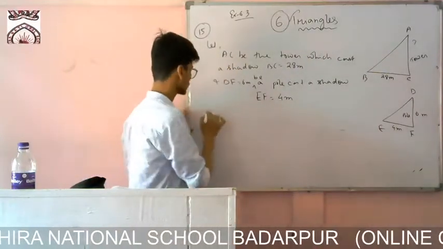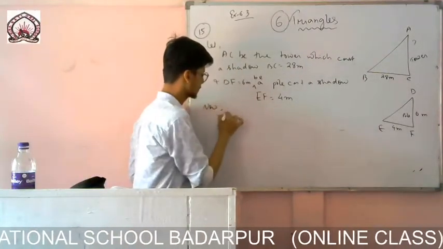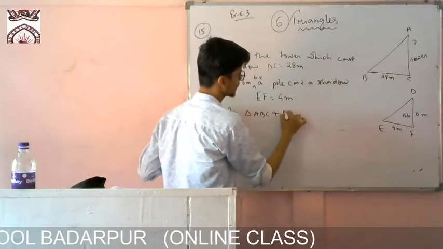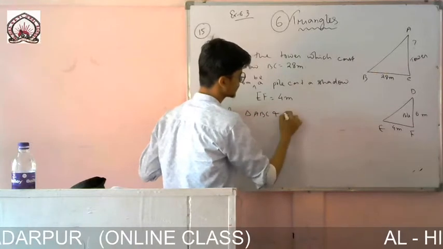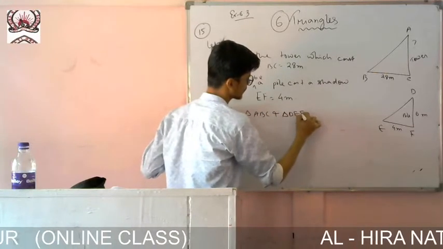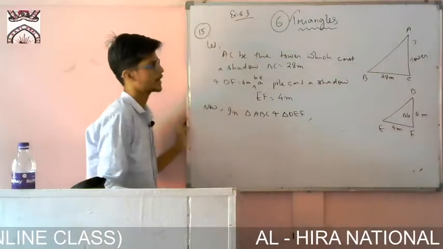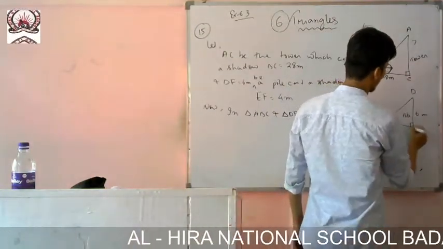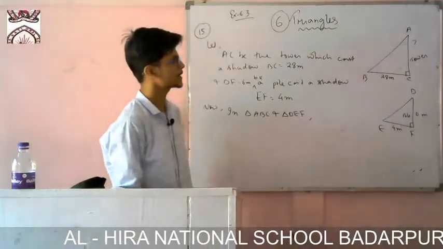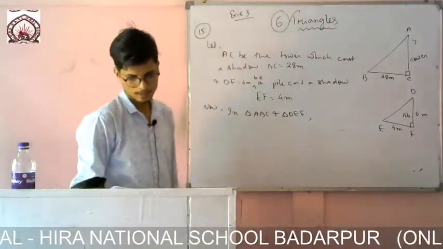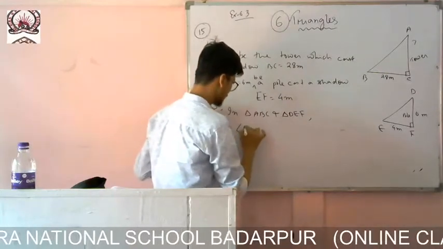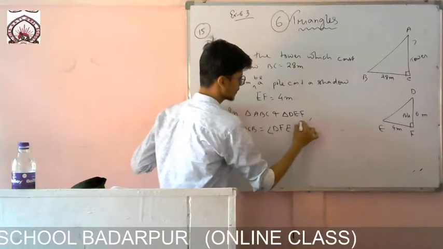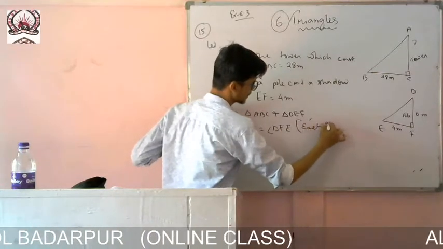Now in triangle ABC and triangle DEF, these two are vertical. That means the angle produced is 90 degrees. So angle ACB equals angle DFE, each 90 degrees.